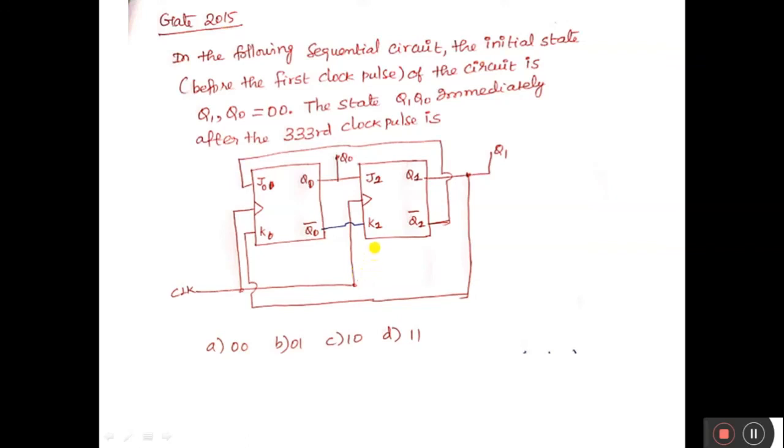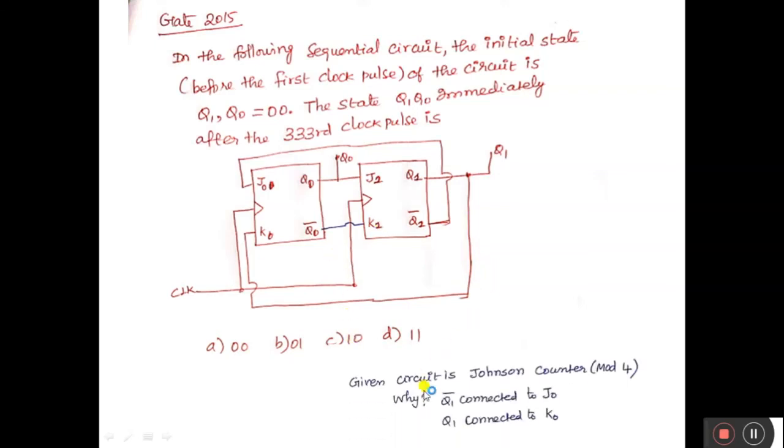Using this key, Johnson counter mod 4, try to solve this problem and get the solution. The given circuit is a Johnson counter mod 4. Why? One complement is connected to J, and Q1 is connected to K0.